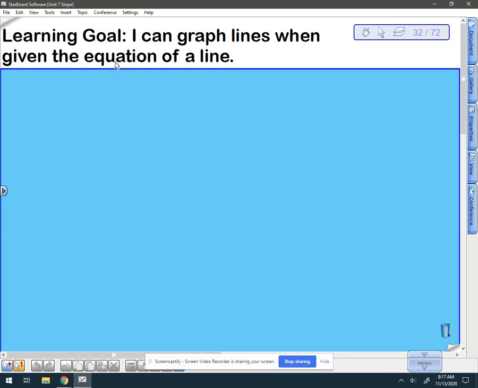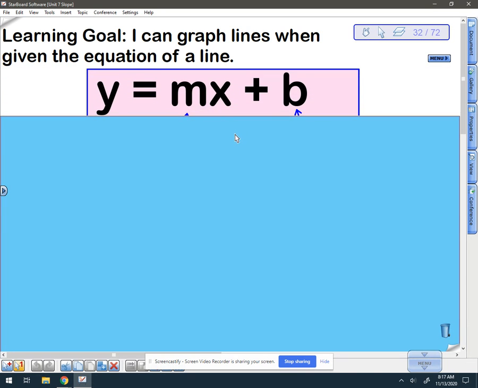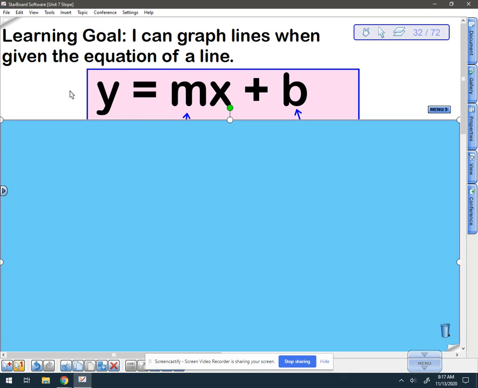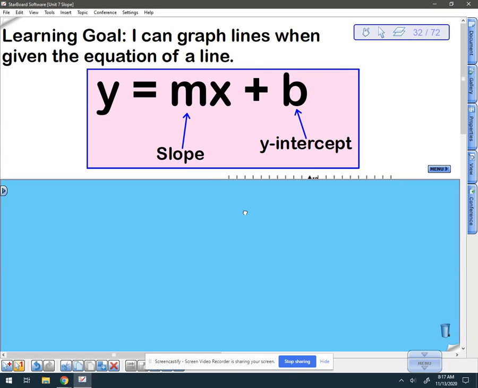So if we look, we've got our equation for a line, y equals mx plus b. It's our generic equation for a linear equation, for a straight line. Anytime you're going to have a straight line, it's usually going to be in this form. It's known as the slope-intercept form because it shows you what your slope and your y-intercept are.